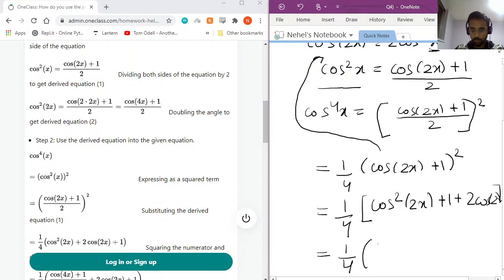So if I were to put that down, cos 4x plus 1 divided by 2, plus 1 plus 2 cos 2x.